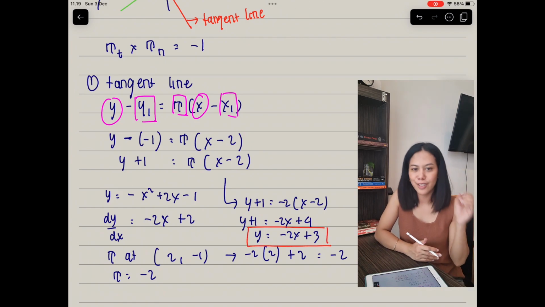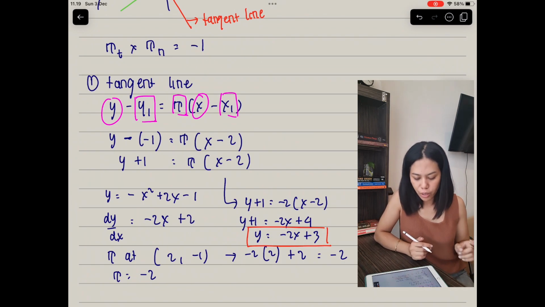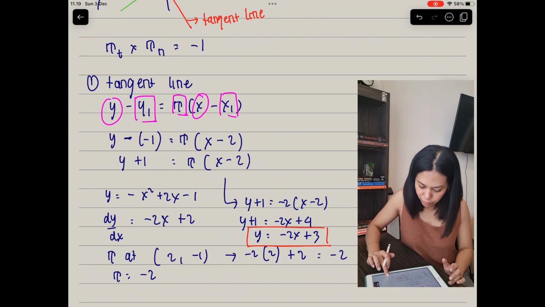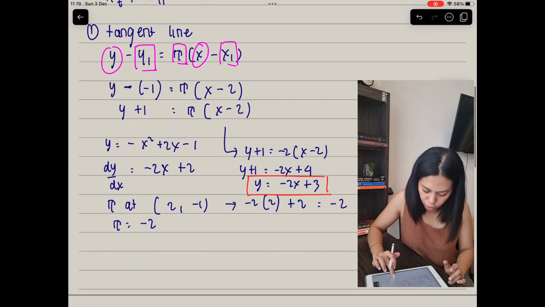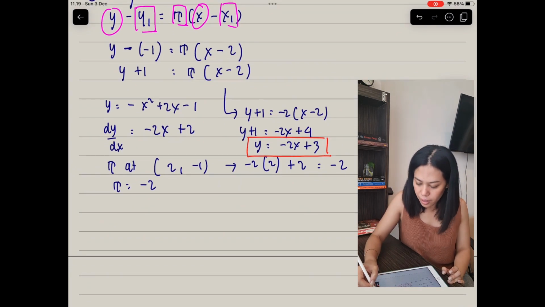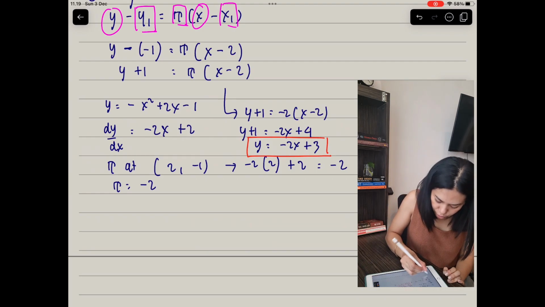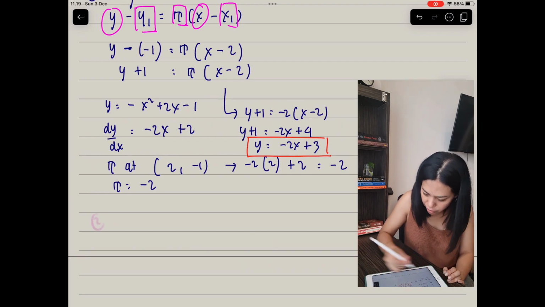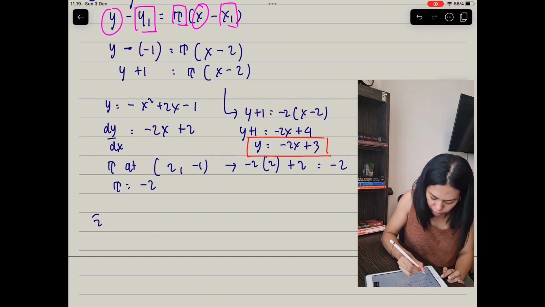Now we need to find the other one, which is the equation of the normal line. Let's slide up again. We're using the same formula. Number 2, the normal line.